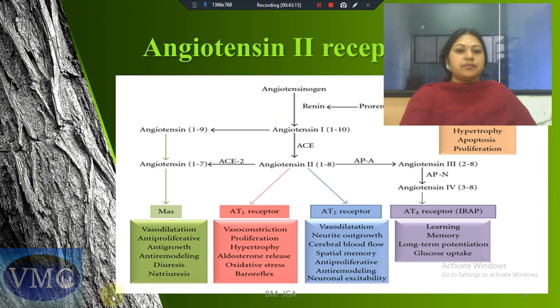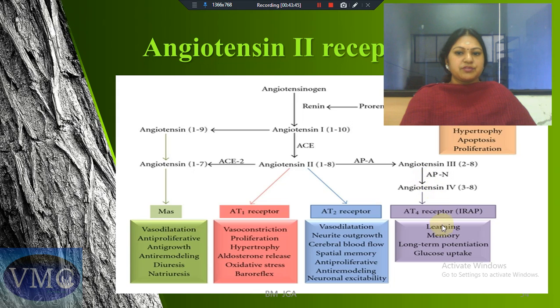Here you can see the AT2 receptor causing vasodilatation, anti-proliferative and anti-growth effects, diuresis, and natriuresis. Angiotensin 2 acts on AT1, which is the very important and predominant one. This causes vasoconstriction, proliferation, hypertrophy, aldosterone release, oxidative stress, and the baroreflex mechanism.